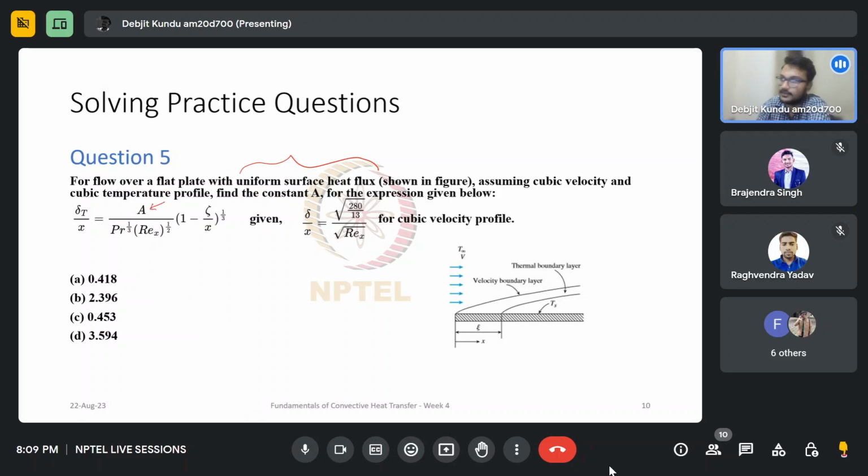This is again very mathematically involved, so I would suggest you remember certain results. At least for isothermal and uniform heat flux, these are the two cases. Isothermal is this, and uniform heat flux is this. Not zero, there will be constants.